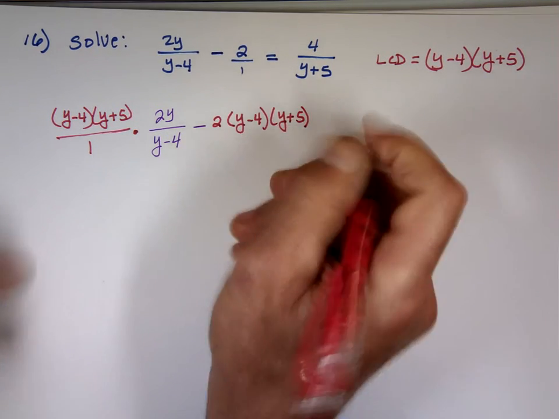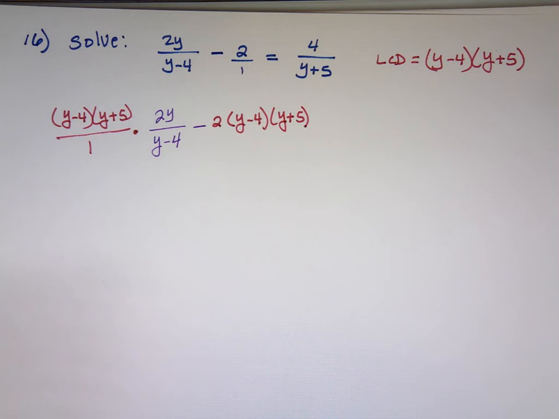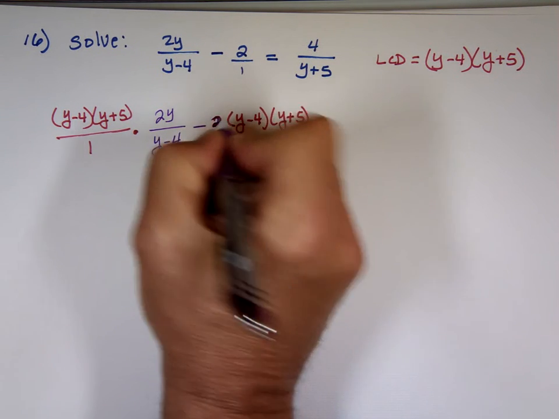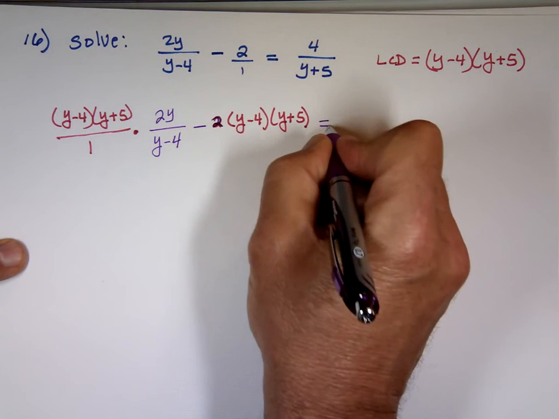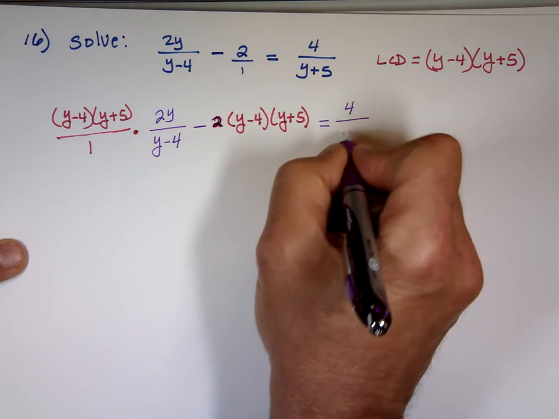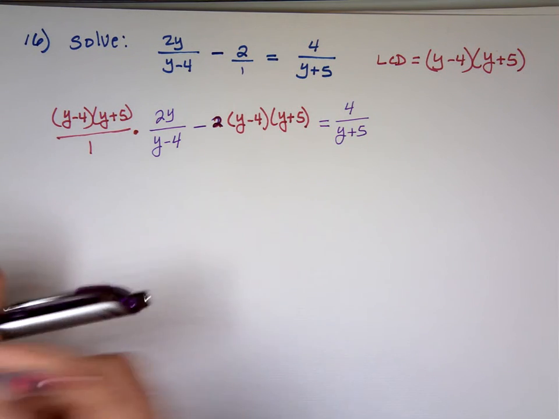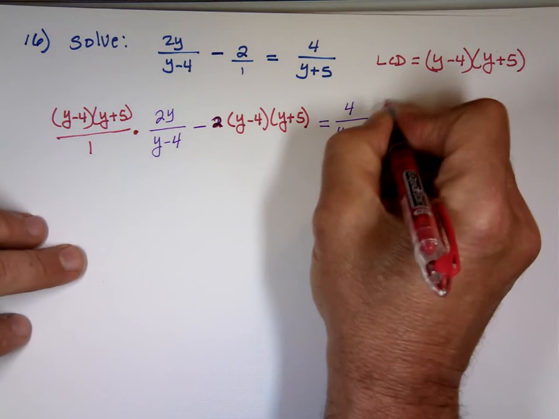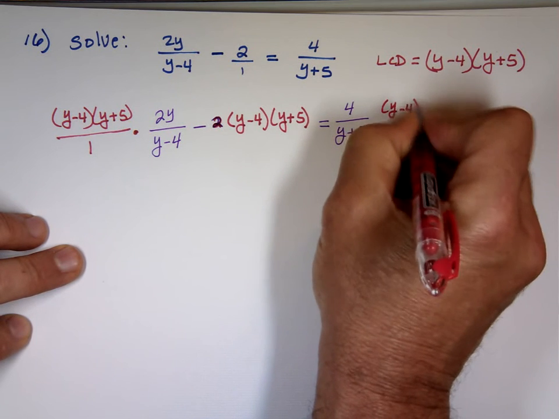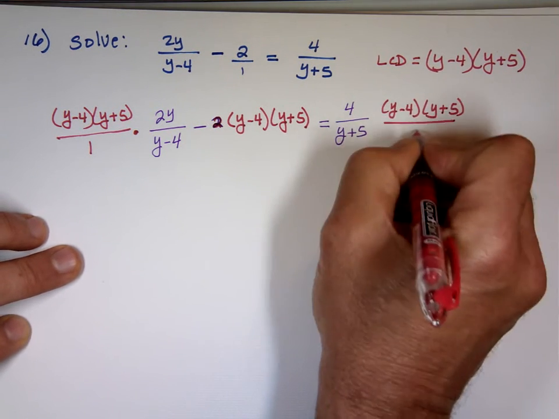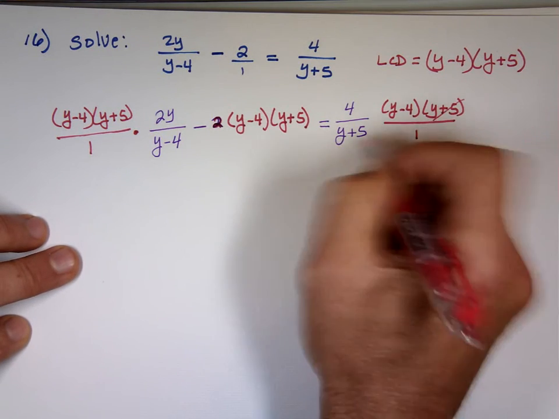There's the 2 equals, this is the 4 over y plus 5. I'm going to multiply everything by y minus 4, y plus 5. Cancel. Cancel.